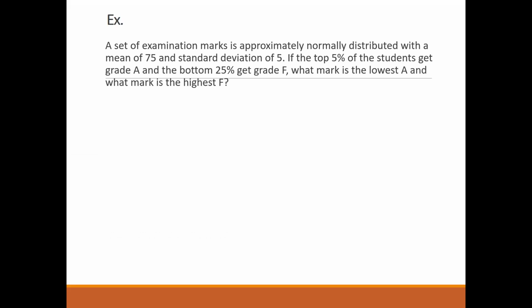For the lowest marks obtained by students getting grade A, you can take some variable and try to solve it. Initially it will look complicated, but when you start solving it, it will become clearer.